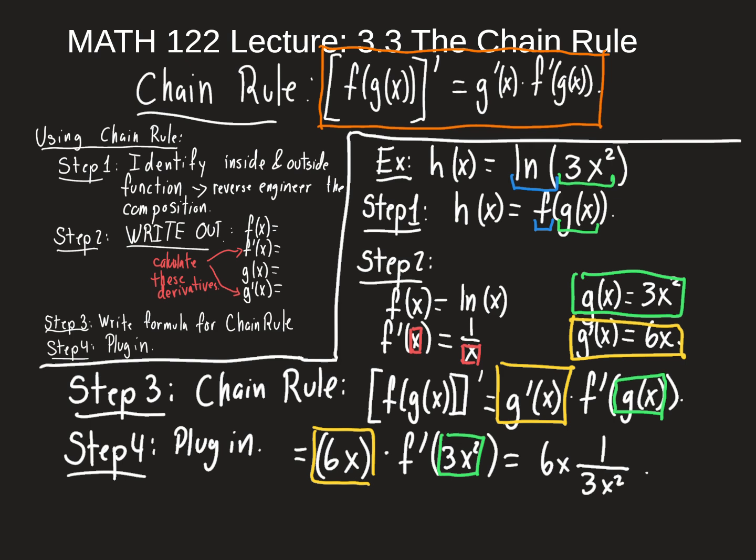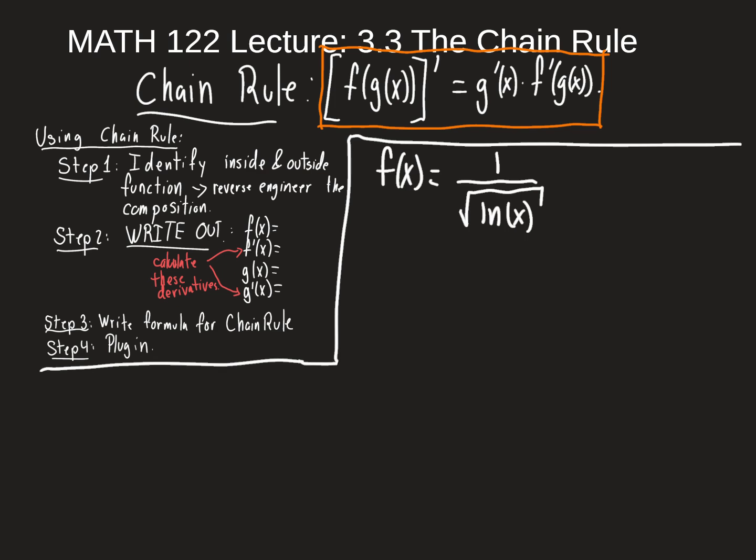Now again, if you want to, you can simplify this further. If I do not ask you to simplify, you are totally okay to leave your answer in this form right here. But of course, if you do simplify this, which is possible, you would get, I believe, 2 divided by x. And we are done with this problem.